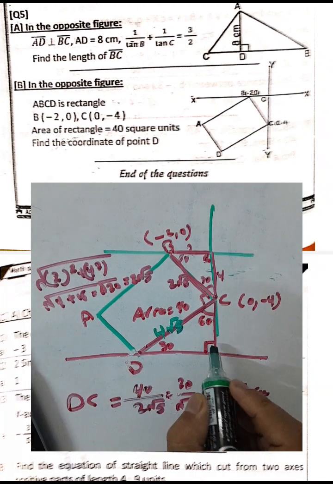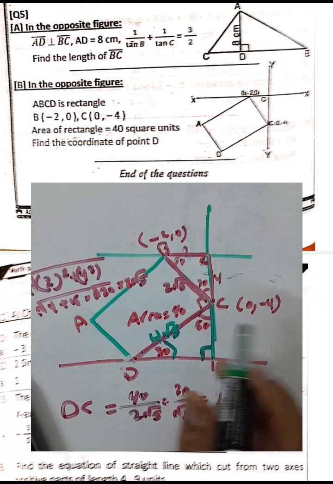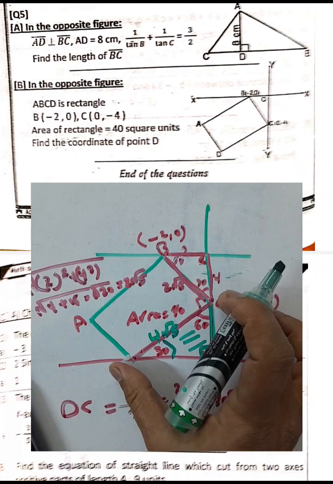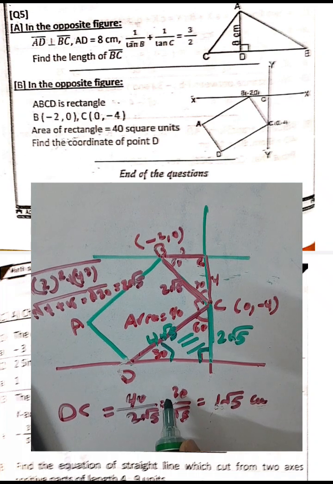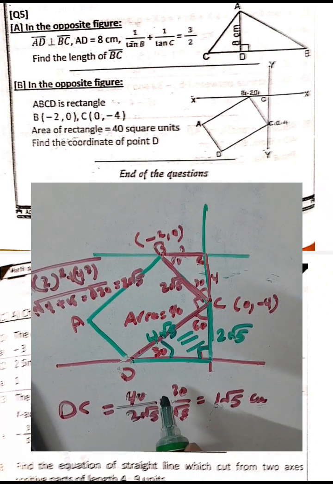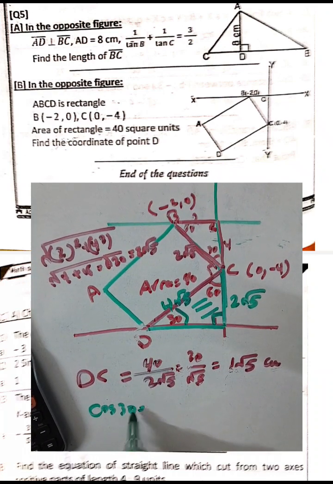root 5. And this is a right angle triangle, and this angle is 30. Then this side length will be what? Half of the hypotenuse. The hypotenuse here in this right angle triangle is 4 root 5. Then it will be 2 root 5. This length is 2 root 5. And then you can find this side length by using any ratio, such as cosine 30 about this angle.